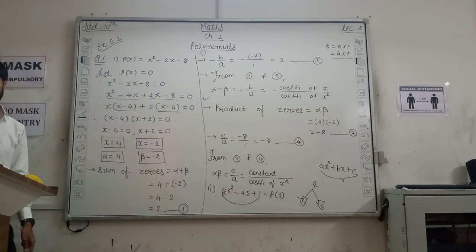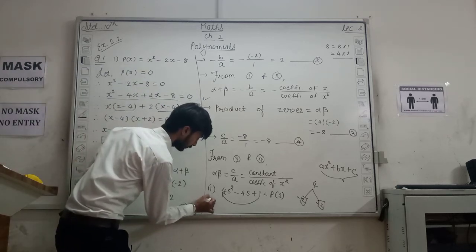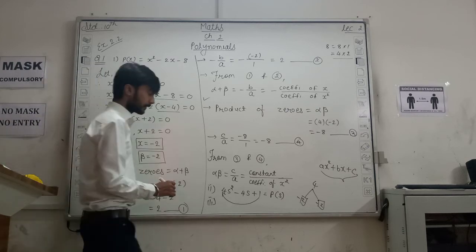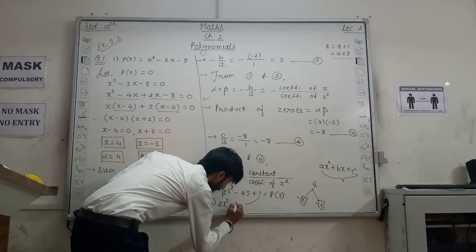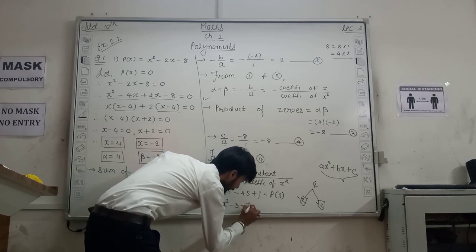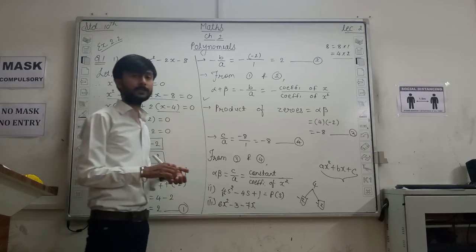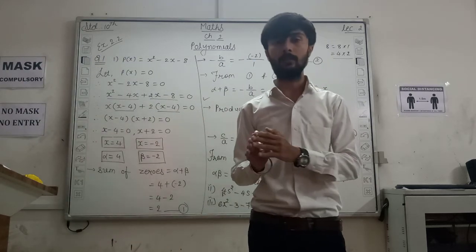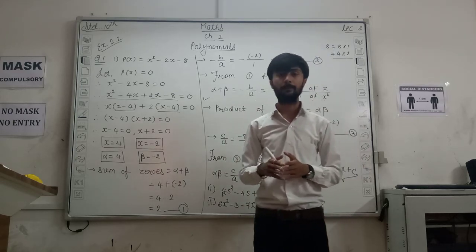And similarly the third, same as these two: 6x square minus 3 minus 7x. Now we know that in a polynomial in general form, the first term has the highest power, then they follow in decreasing order. First the x square term, then the x term, then the constant.